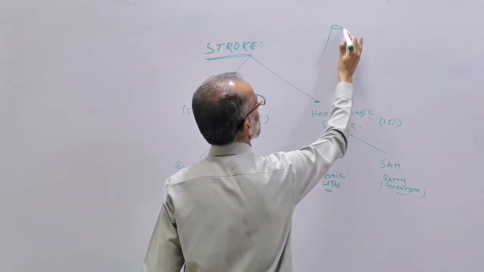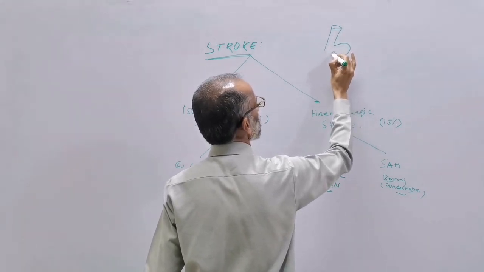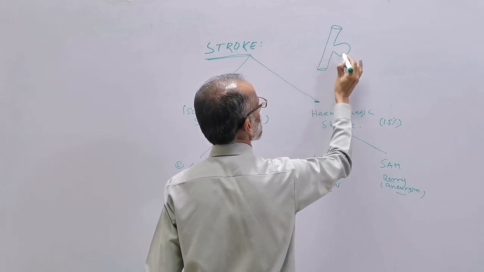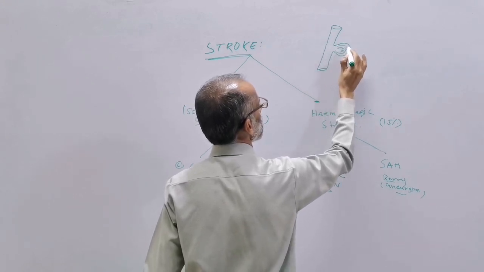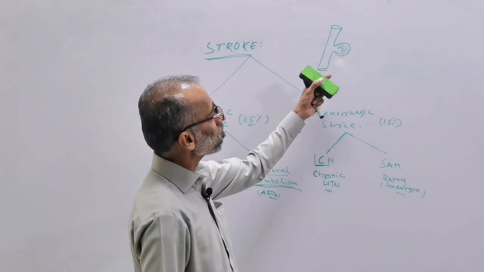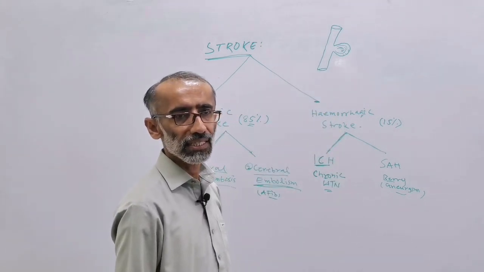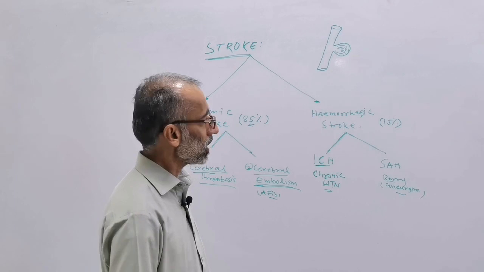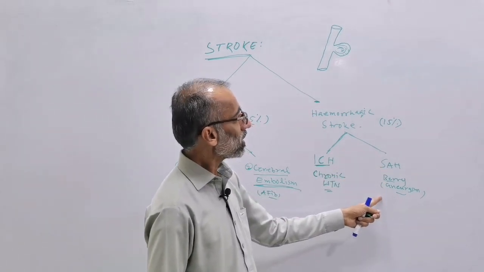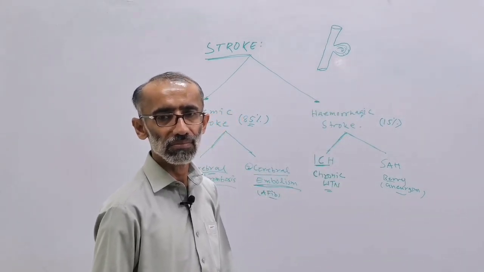Suppose this is the artery, this is the aneurysm. A blood-filled sac that is protruding from the artery is called an aneurysm. In subarachnoid hemorrhage, there is rupture of this aneurysm.